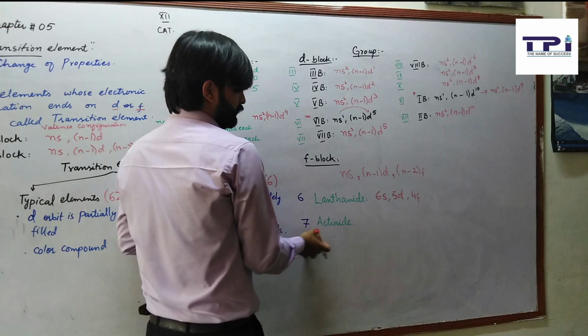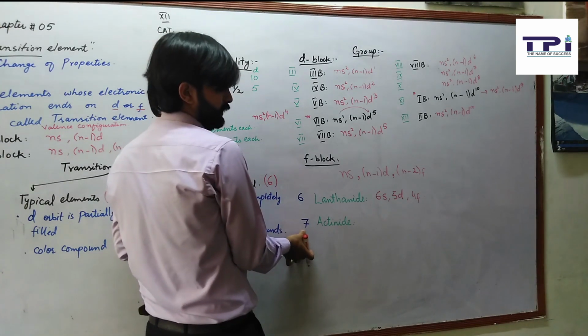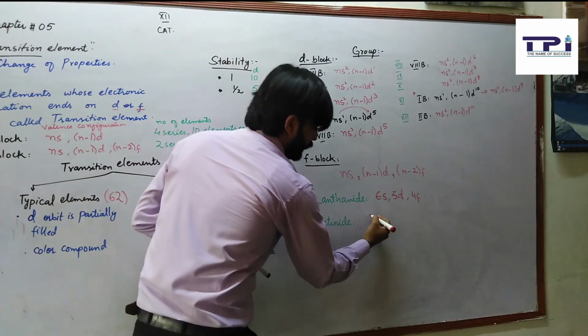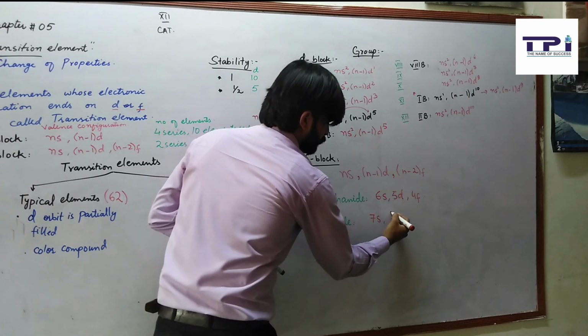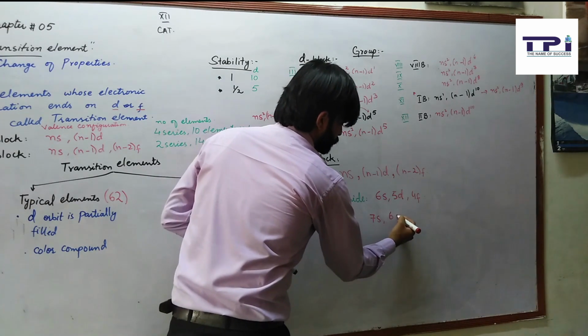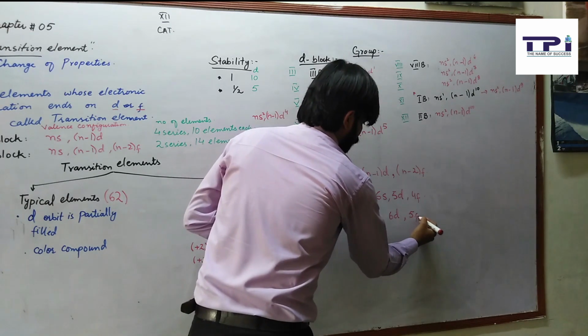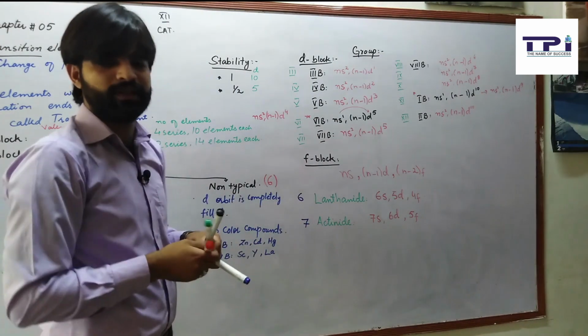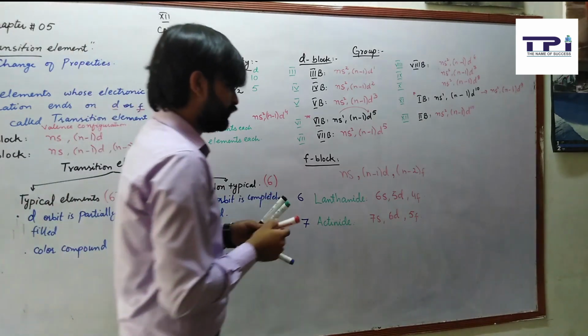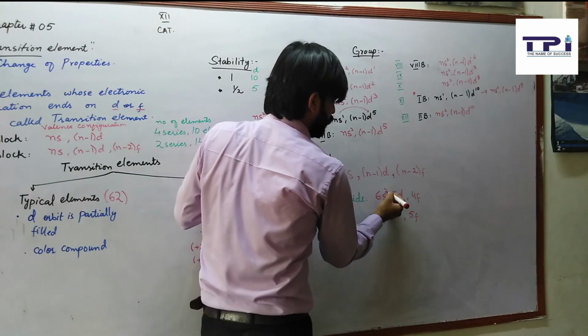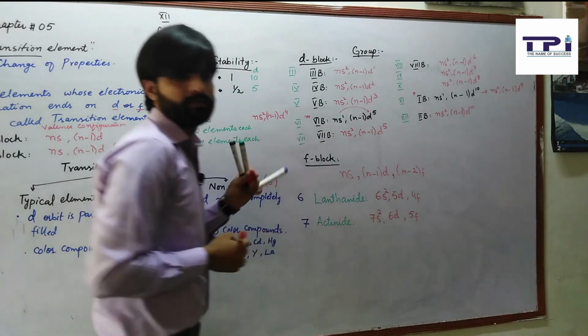For actinide, the period number is 7. Therefore, n would be 7: 7s, (7 minus 1) 6d, (7 minus 2) 5f. Okay. How can we fill this orbital? You have to memorize: s will have 2 electrons in each series.